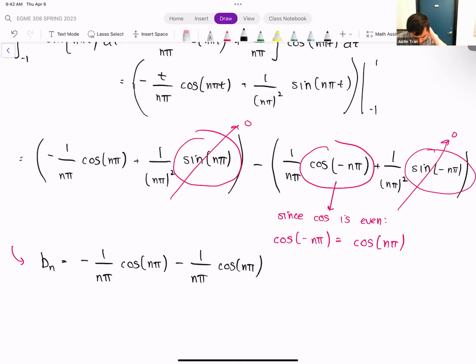We can just combine these together. So we get Bn is equal to minus 2 over n pi cosine n pi. That is our Bn.